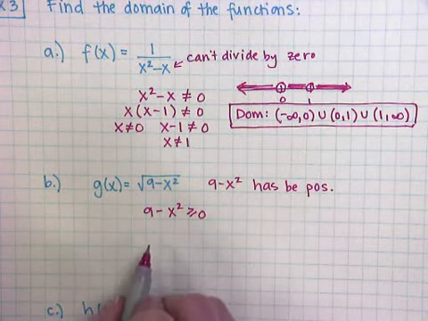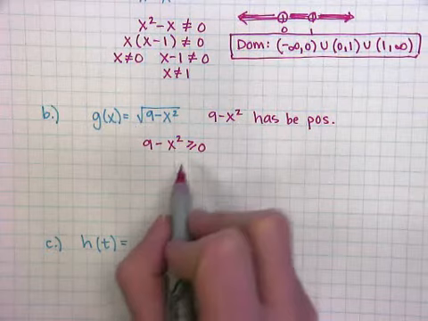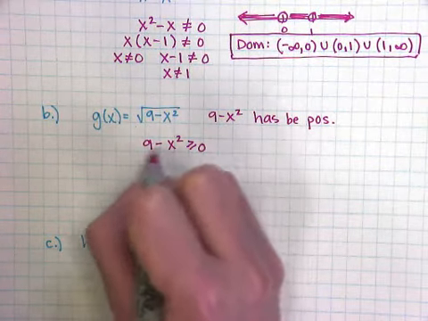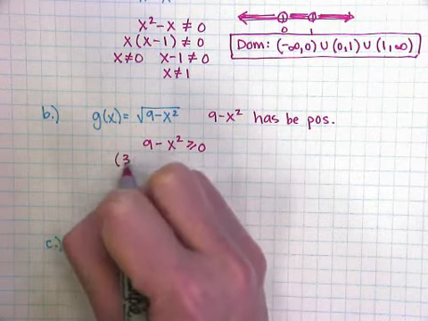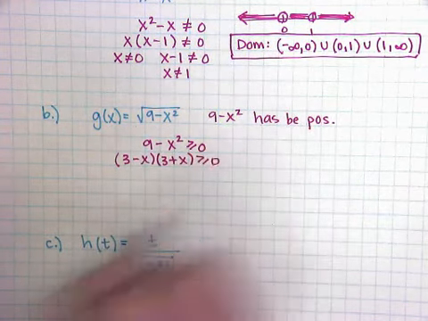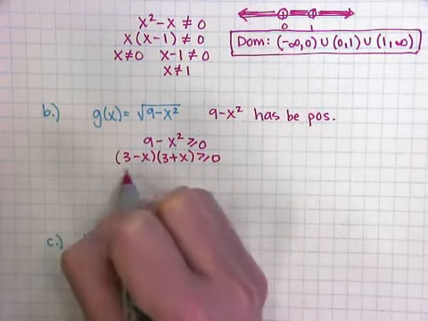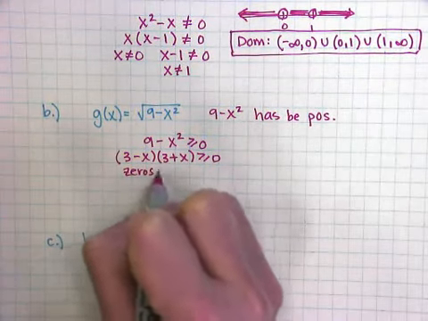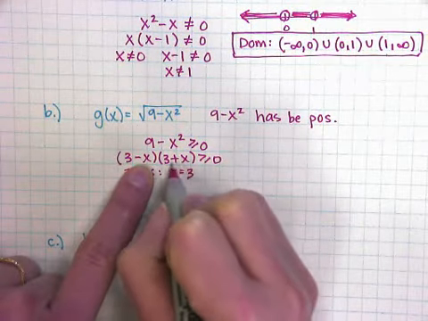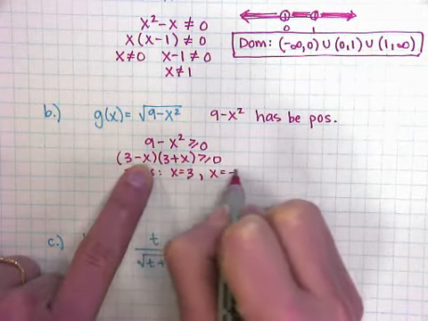So we're going to have to factor and set up our table, or of course you could look at a graph. So if I factor this, this is a difference of squares, so it factors into 3 minus x and 3 plus x. And now my zeros are going to occur when x equals 3, which would make that 0, and -3 would make this 0.